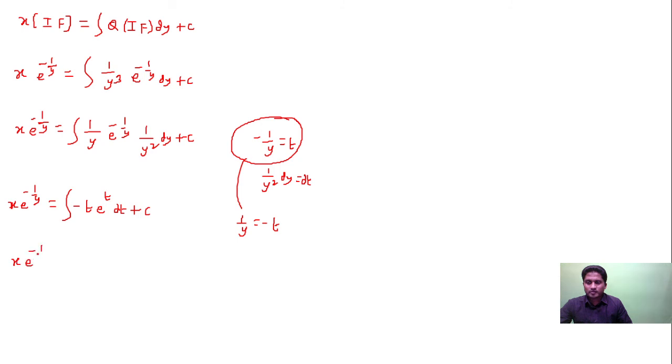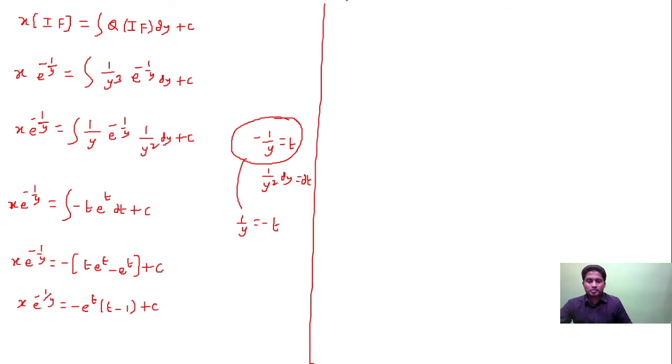X into e to the power of minus 1 by y is equal to minus, first function is t, integral of second, minus integration of differentiation of first, which is 1, integral of second, plus c. So x into e power minus 1 by y is equal to minus e to the power of t into t minus 1, and then plus c. Now substitute the value of t, which is minus 1 by y.